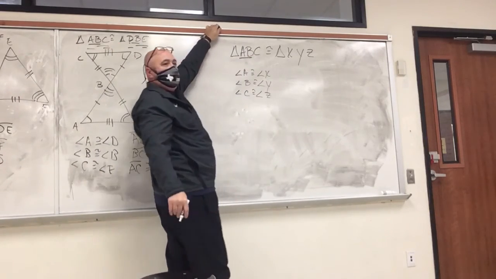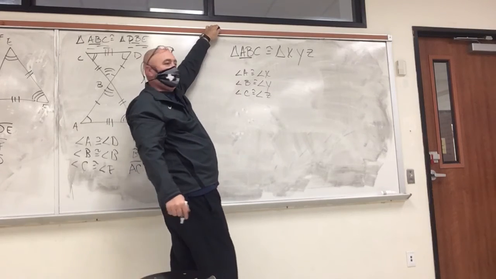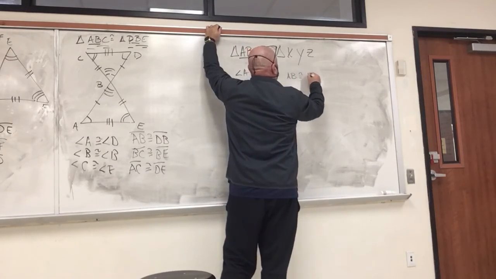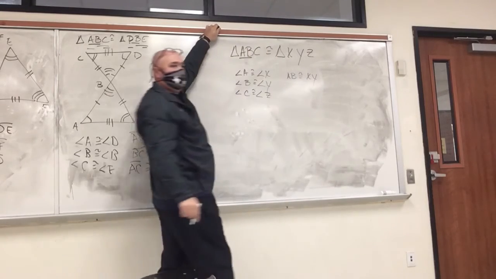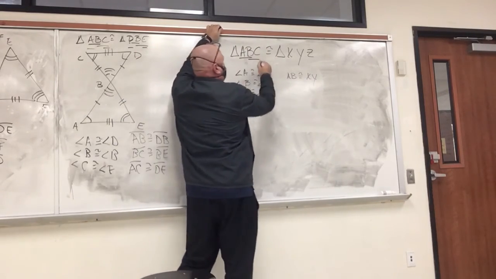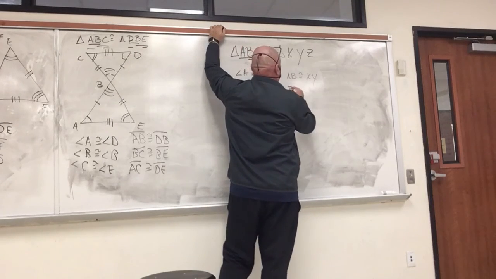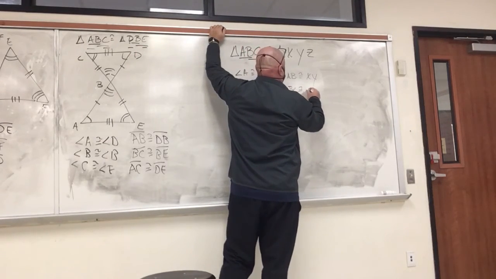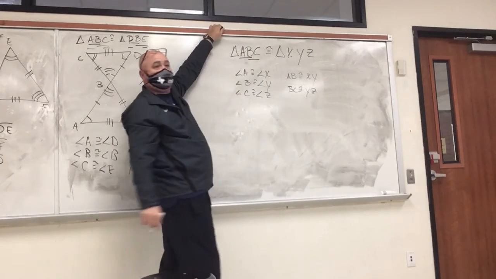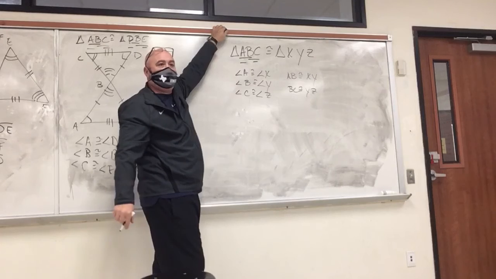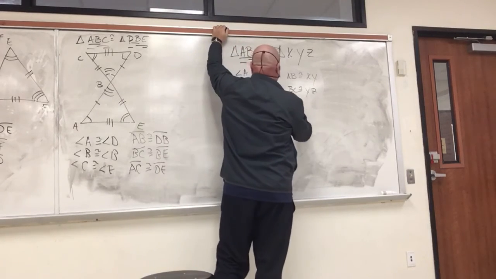Side AB corresponds to what over there? XY. AB is congruent to XY. BC corresponds to what? YZ. Okay? And AC corresponds to what? XZ.